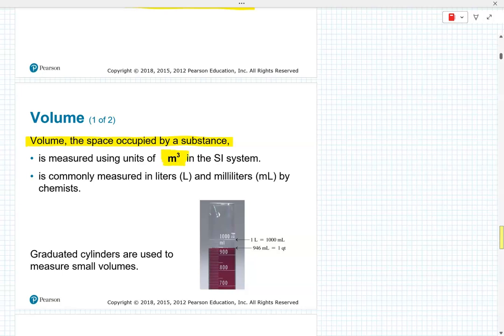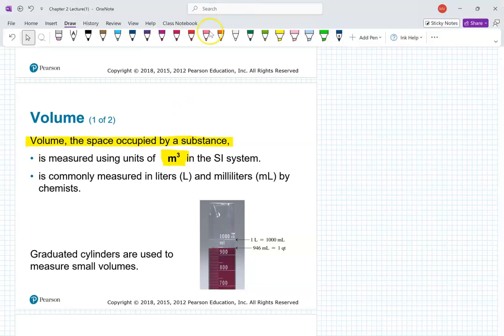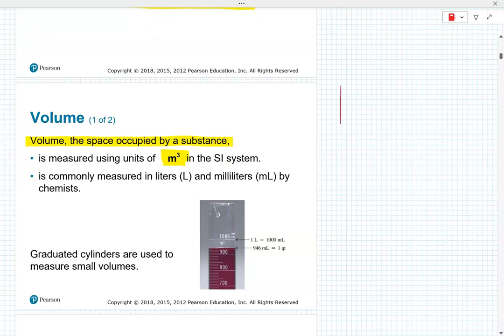In the international system, it's a cubic meter. So what is a cubic meter? Can anyone tell me? How would you describe the volume that is 1 cubic meter? The person has no idea what you're talking about. I'm not going to torture you. It's the volume of a cube with sides 1 meter. Check this out.